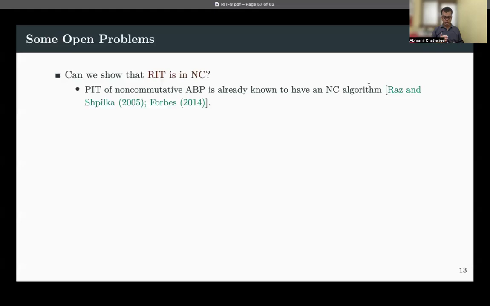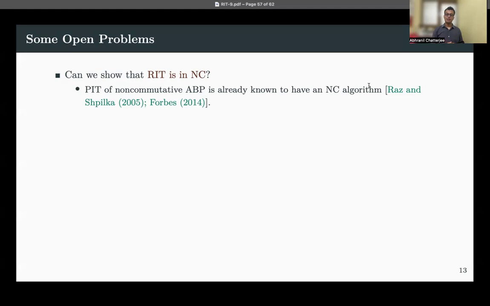The hope is that what we actually do is reduce this problem in some sense to PIT of non-commutative ABPs, for which we already have an efficient NC algorithm due to Raz-Shpilka, and it is nicely mentioned in the PhD thesis of Forbes.